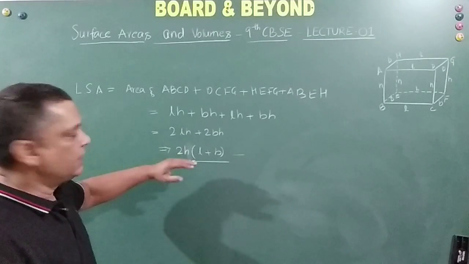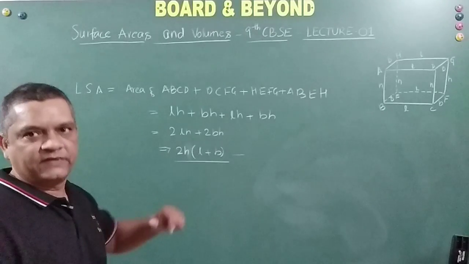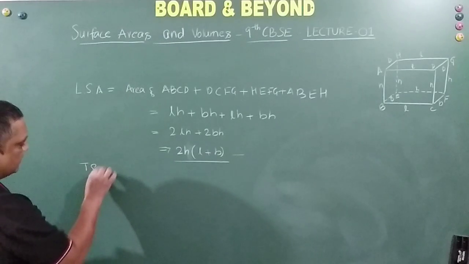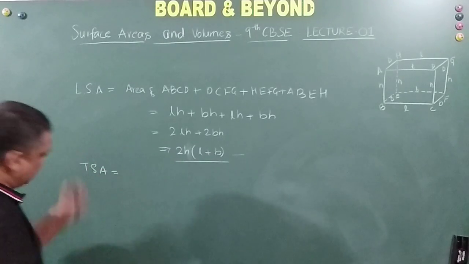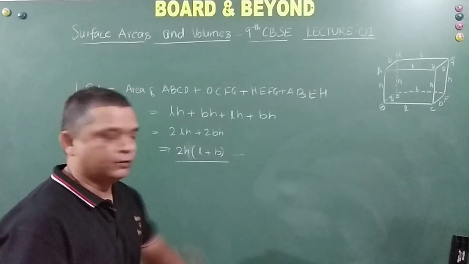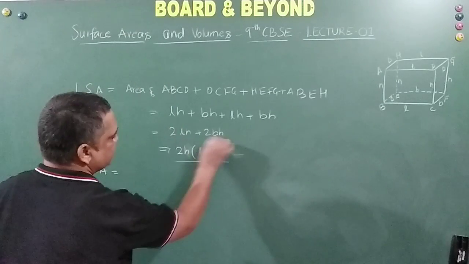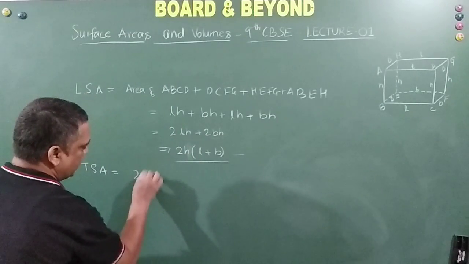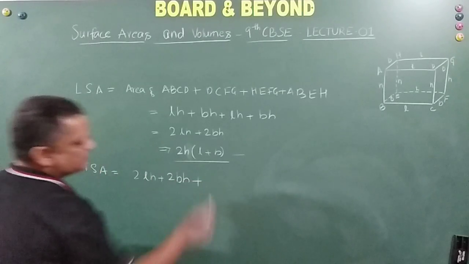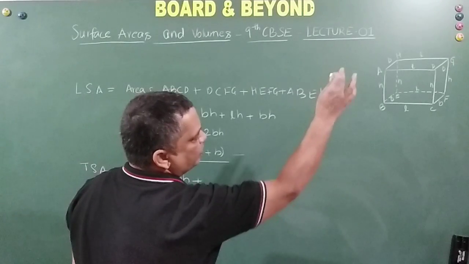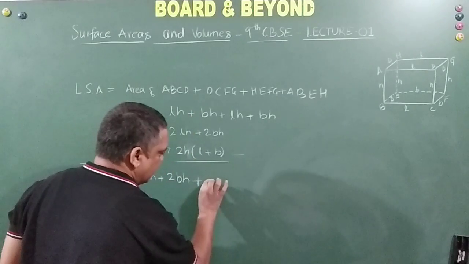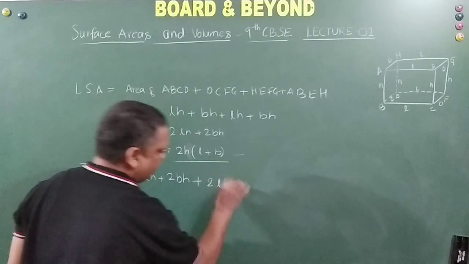You got it? Now coming on to the total surface area, right? So total surface area of a cuboid is nothing but this plus roof and the floor. So I will write this in expanded form. 2LH plus 2BH plus L into B and L into B. So L into B plus L into B, I just simplify and write 2LB.